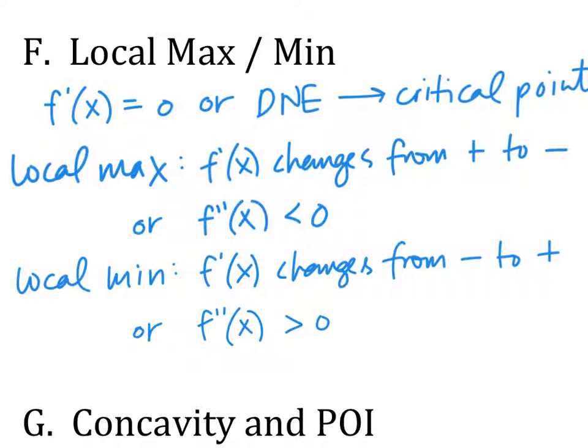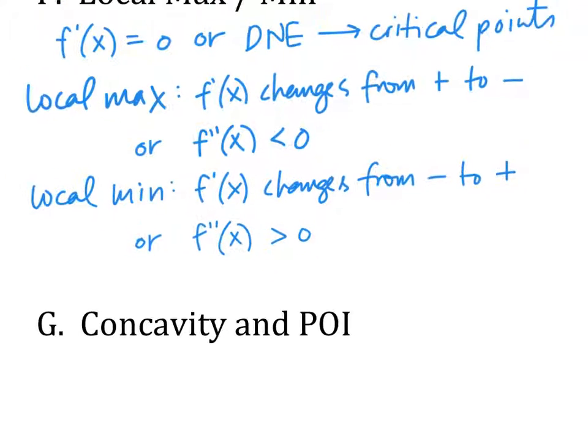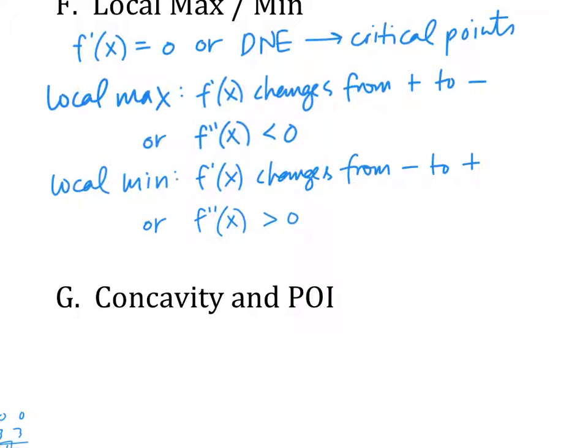All right, the last thing we're going to do is concavity and POI, point of inflection. First of all, check the second derivative. We want it to be 0 or does not exist. However, what defines a point of inflection?